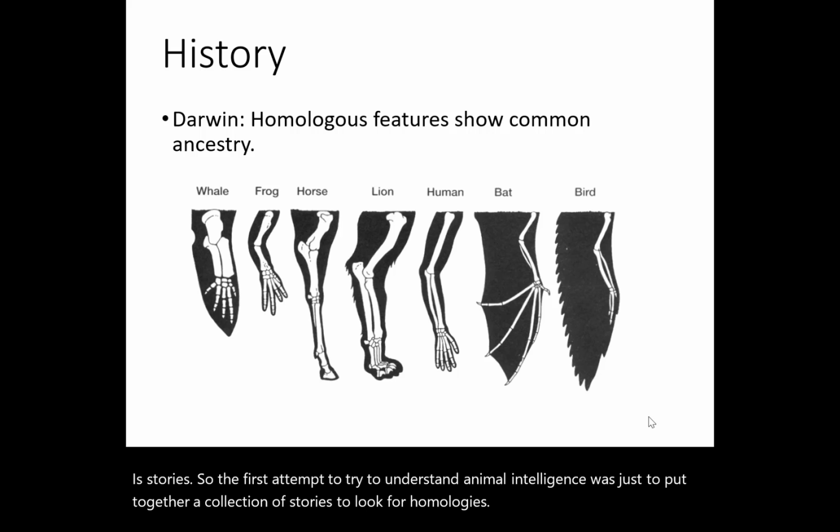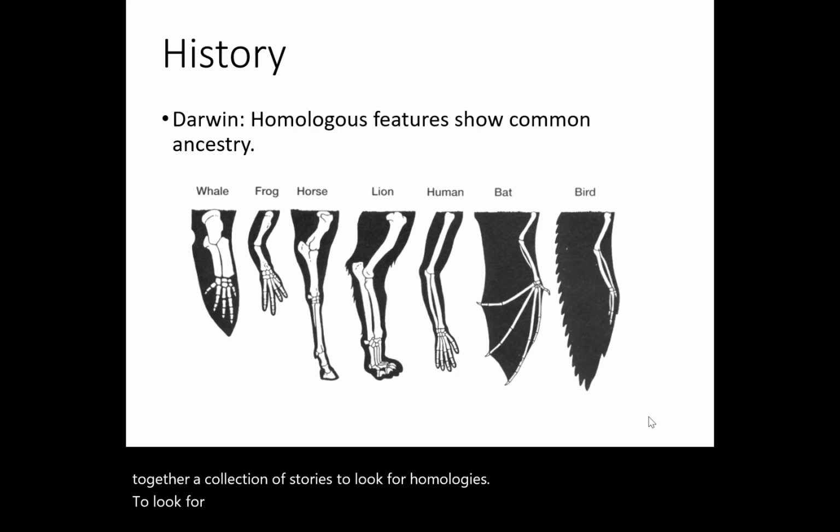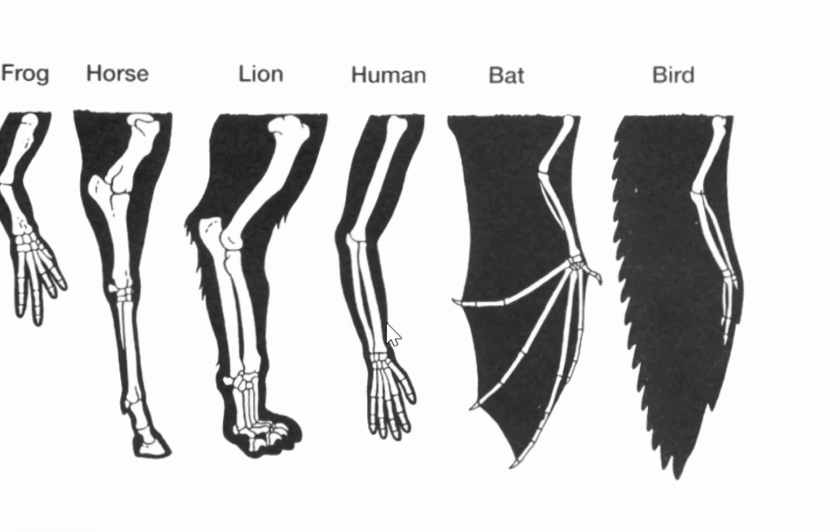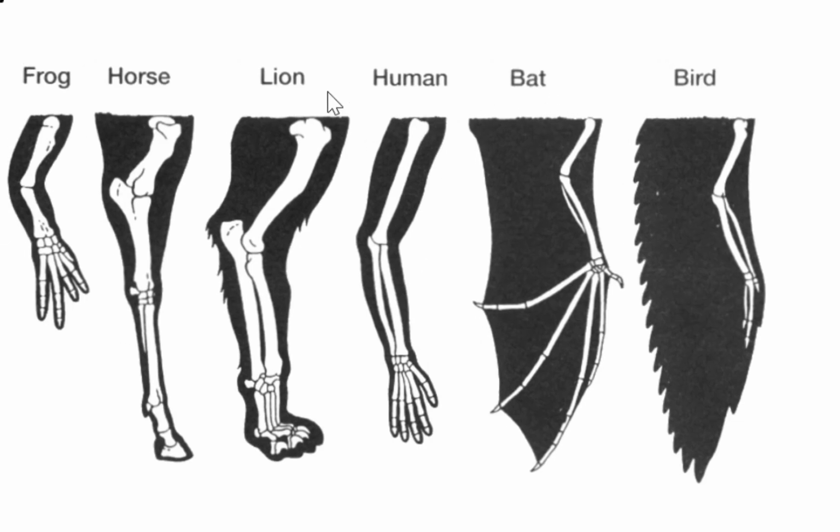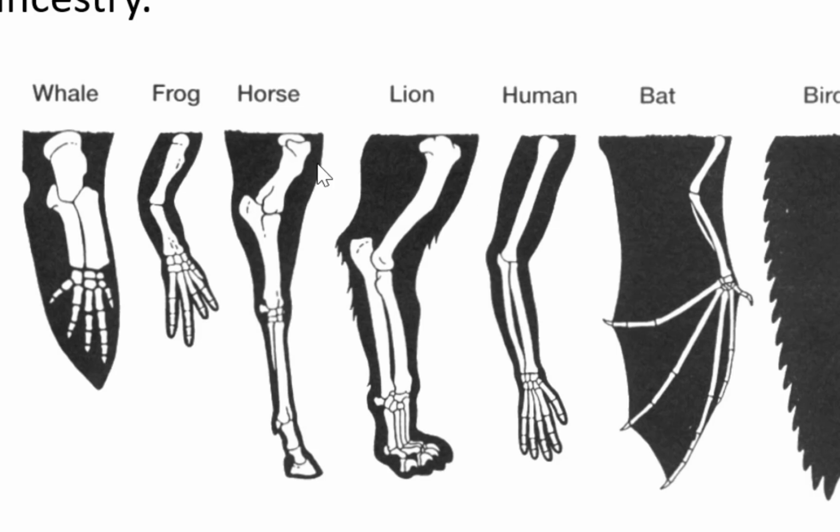to look for homologous features. Now, Darwin talked a lot about homologous features of structure, right? So the forearm, for example, of humans, the radius, the ulna, and the humerus, bats have them, lions have them. They are just slightly different. Even whales have phalanges, radius, ulna, and humerus.